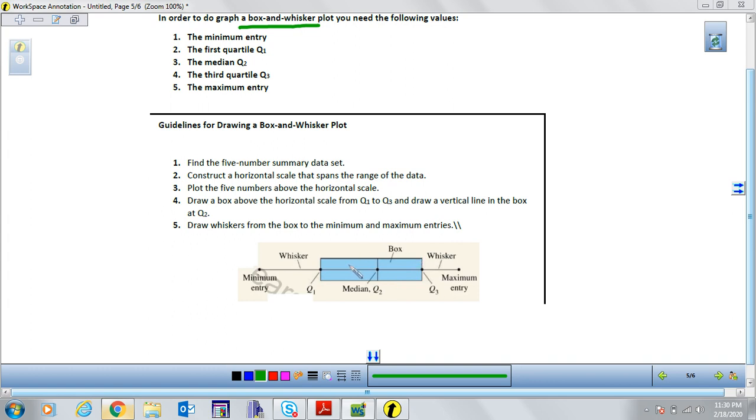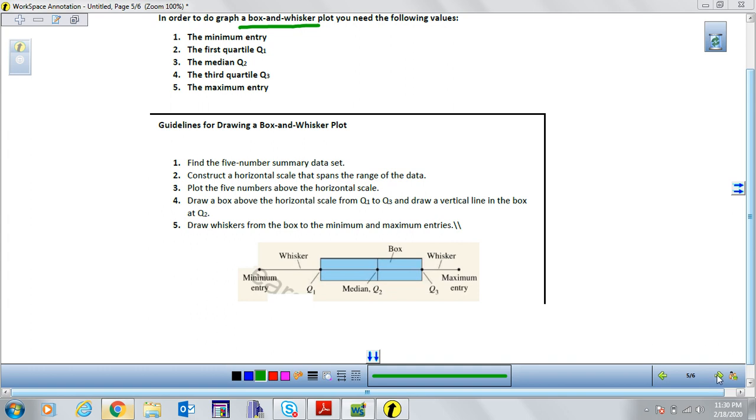Draw this box that you see here in light blue above the horizontal scale from Q1 up to Q3, and draw a vertical line in the box where Q2 is supposed to go, where the median is supposed to go. 5, draw whiskers from the box to the minimum and maximum entries. Whiskers are these lines that you see here. This is the whisker and this is another one. Where this whisker starts should be the lowest value in the data set, and where this whisker ends should be the maximum value in the data set.